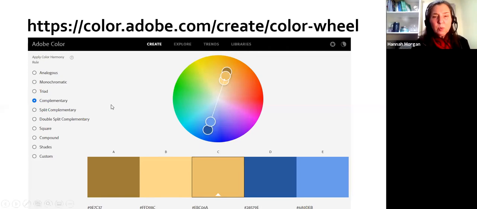The other thing that I will point out is that every color has a hex code or a number value to it. If you look at the very bottom of my screen here, underneath all of these A, B, C, D, E colors, there's a pound sign and then a number letter series. That's the unique code for that exact color.